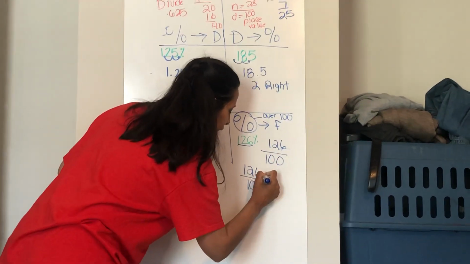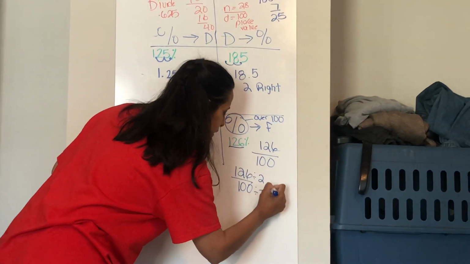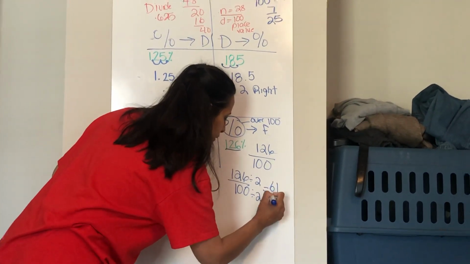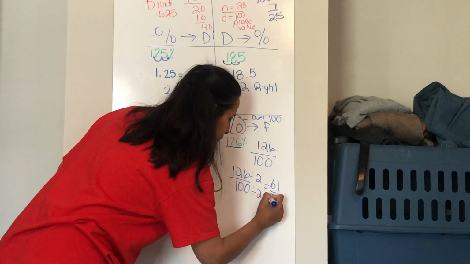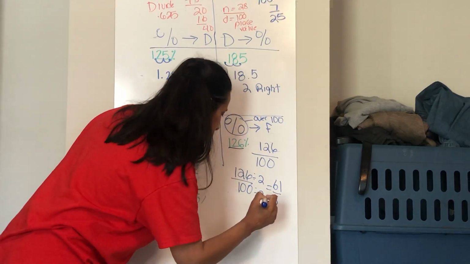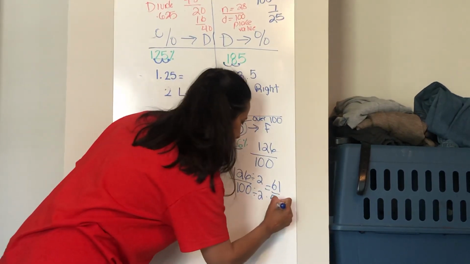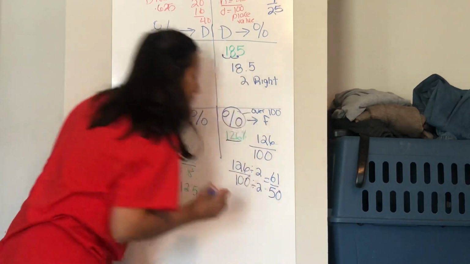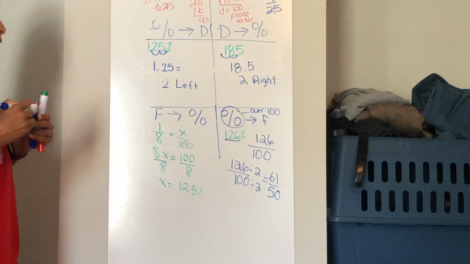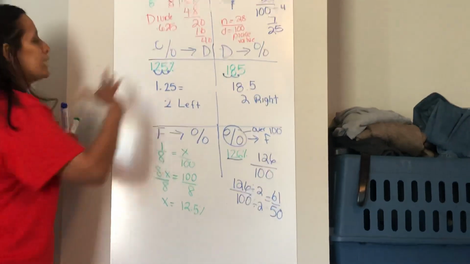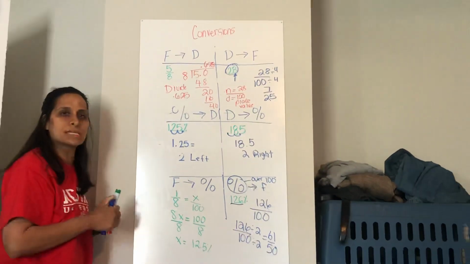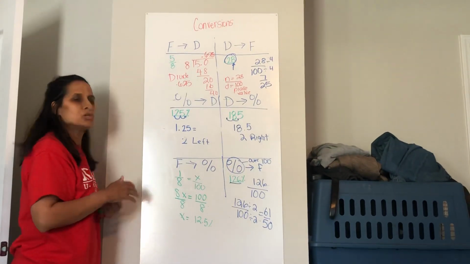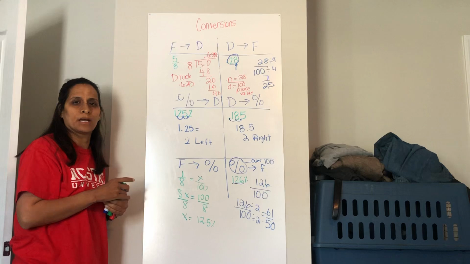I'm going to divide and reduce. And I get 61/50 as my answer. Okay? So this is the chart, and you should go ahead and copy all of this down.